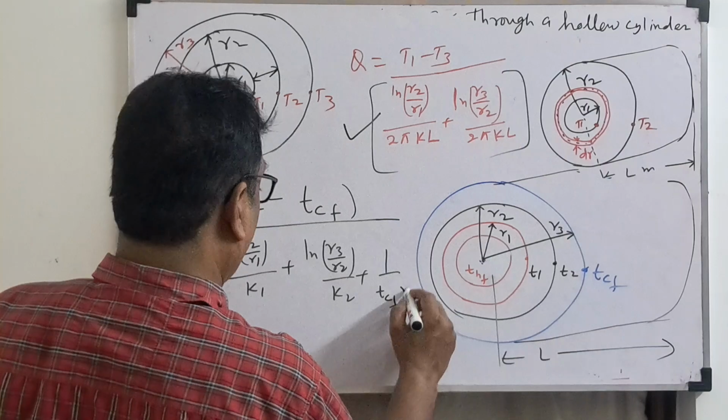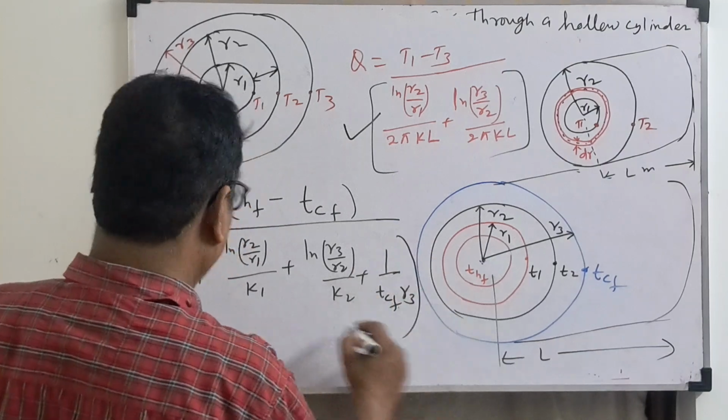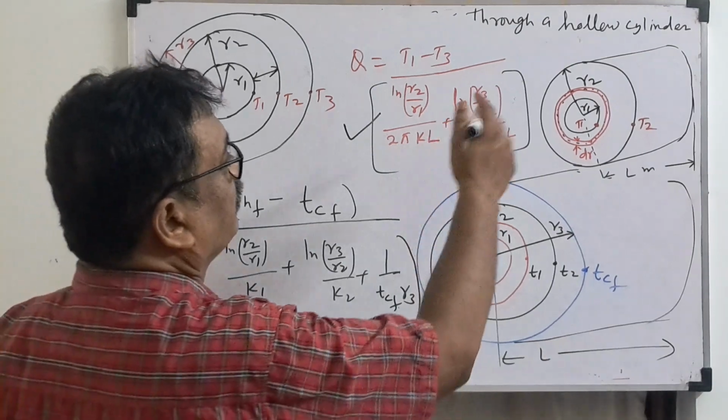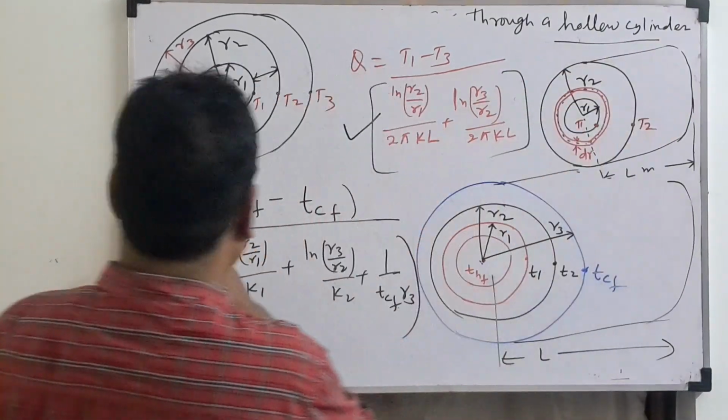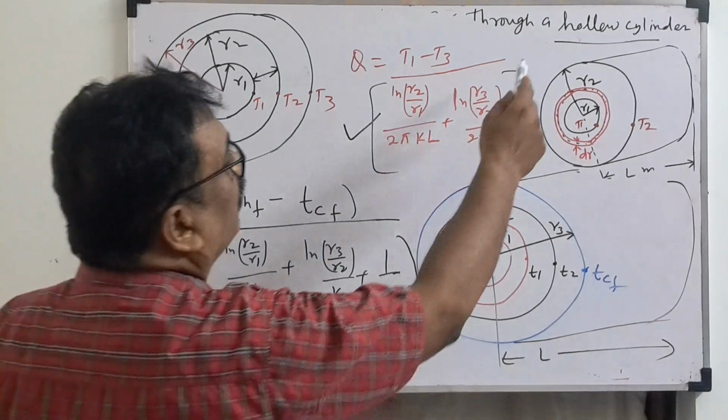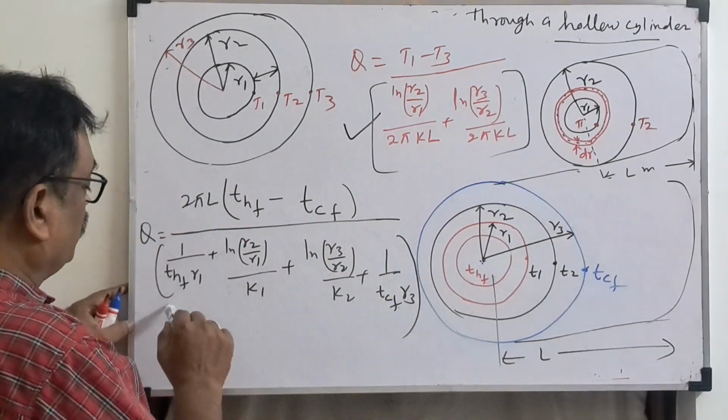This is the overall composite hollow cylinder heat transfer formula. So this way we can remember.